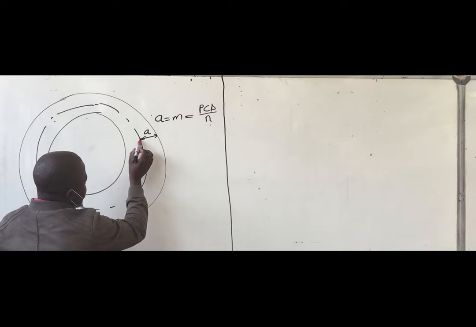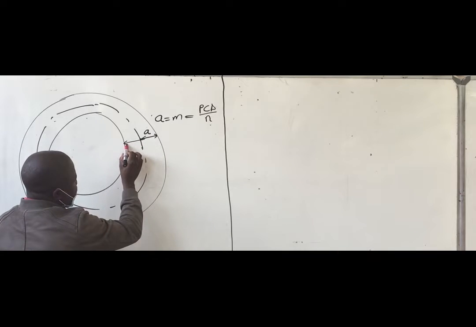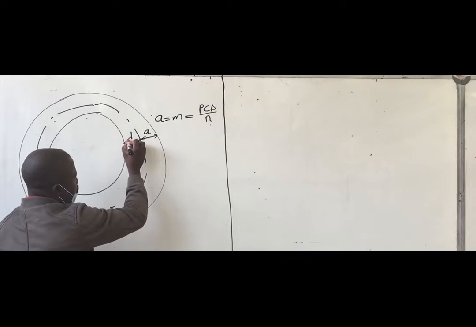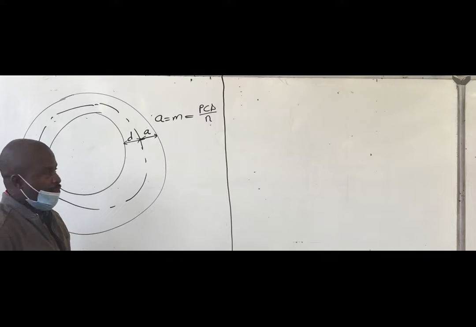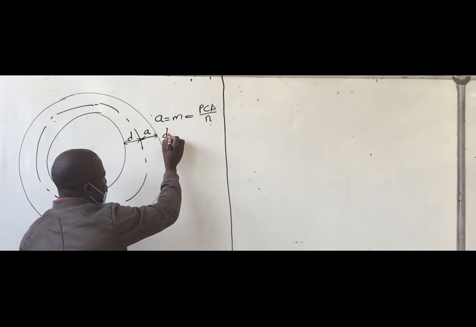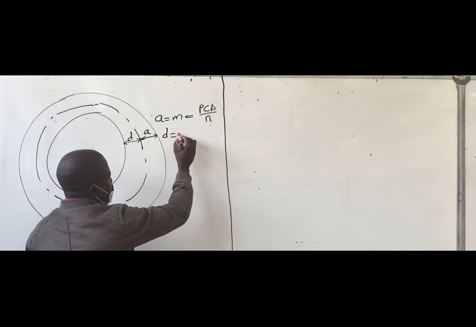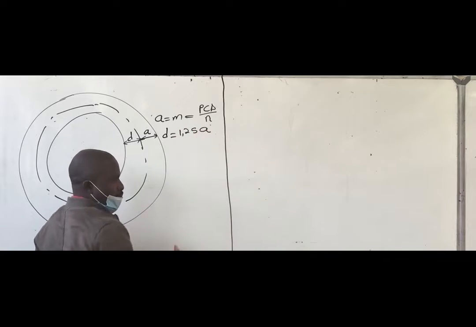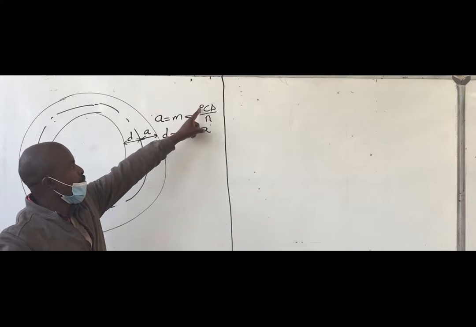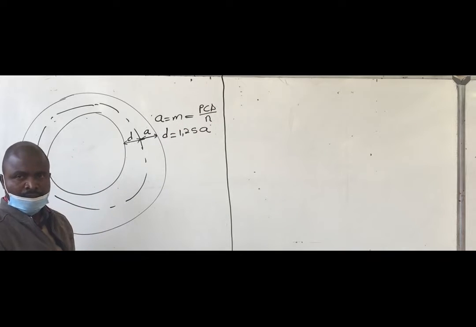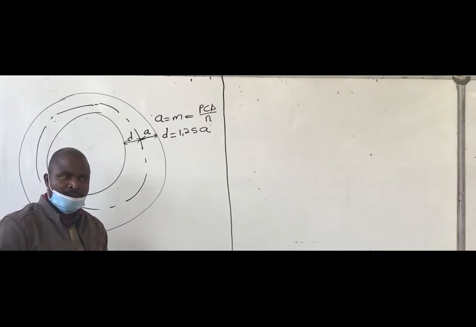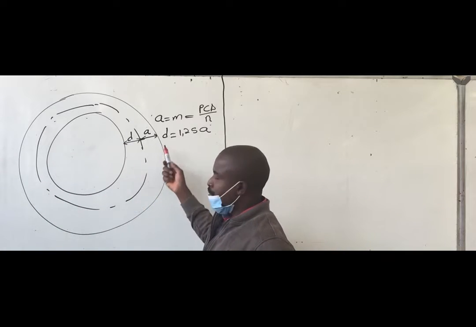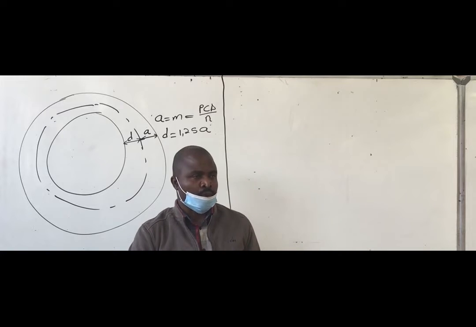The distance between the root diameter and the PCD is called the dedendum. Dedendum is equal to 1.25 times addendum, where addendum is PCD over N. These two values help you to draw the gear.